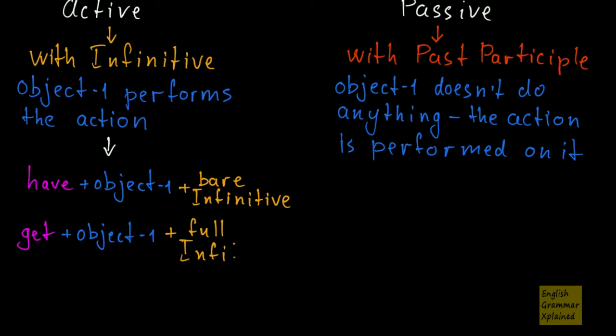So remember this. Our object number one is here active. Here and here. So it can be called agent, but I don't want to call it agent.